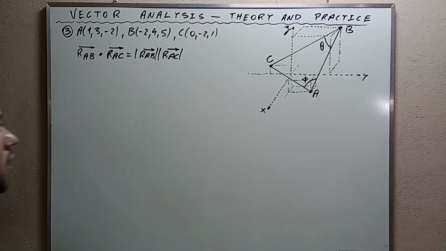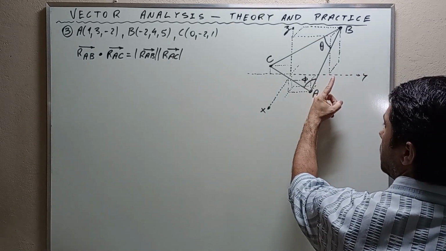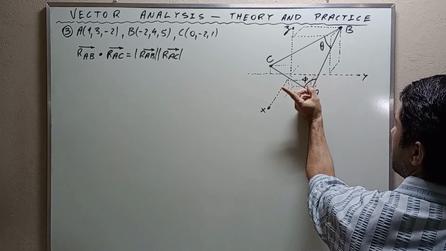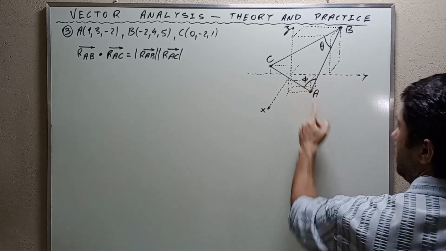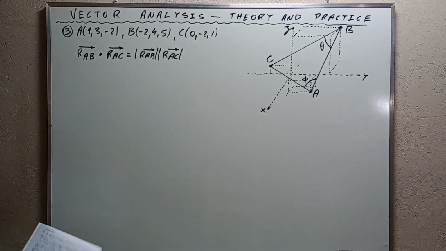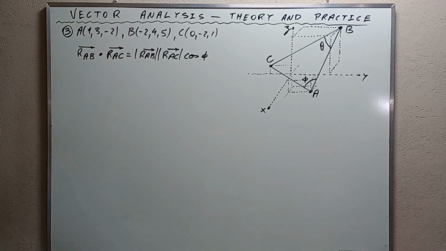Okay? And what is the angle between them? The angle between them is phi, times the cosine of phi.